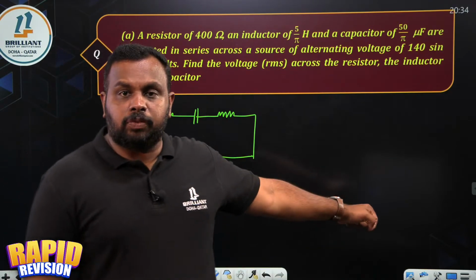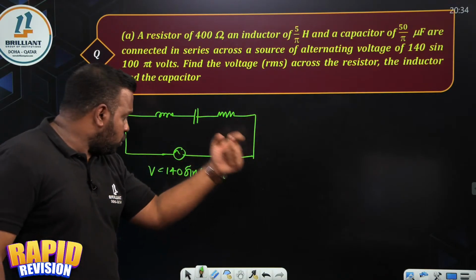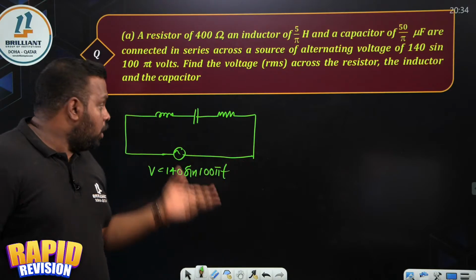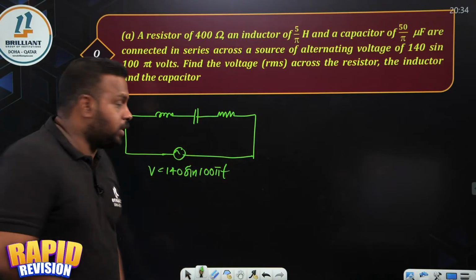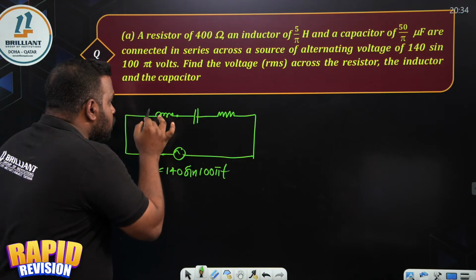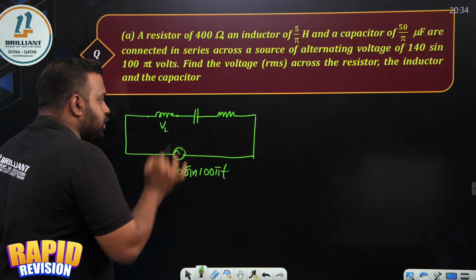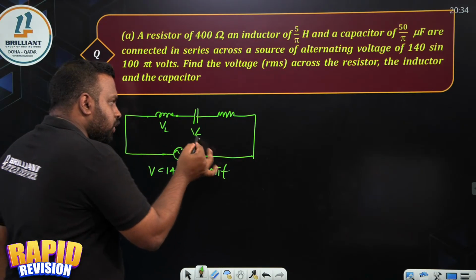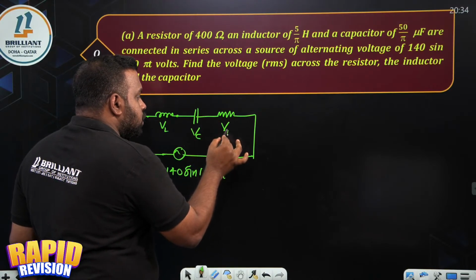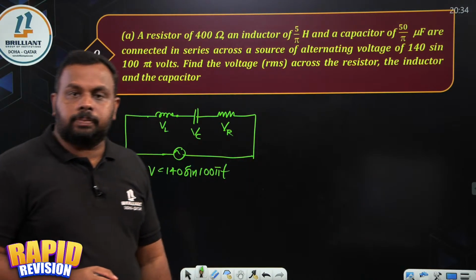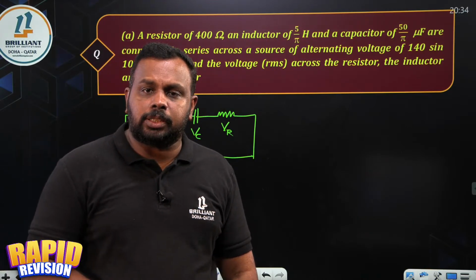Based on this formula, we have to find the voltage across all the elements. This is the inductor, right? So we have to find the voltage across the inductor VL, across the capacitor VC, and across the resistor VR.